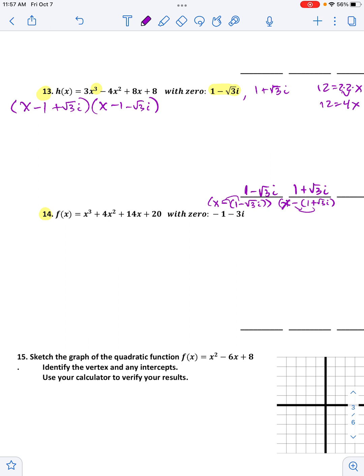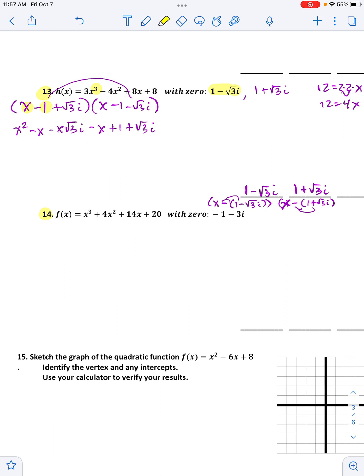So I'm going to take my time and distribute the x to everything in the second factor, so I'll have an x squared, x times negative 1, and then x times the square root of 3i. Then I'm going to distribute the negative 1 to everything in the second factor. So negative 1x, the negative 1 times negative 1 cancels into positive, and then negative 1 times this cancels into positive as well and stays root 3i.